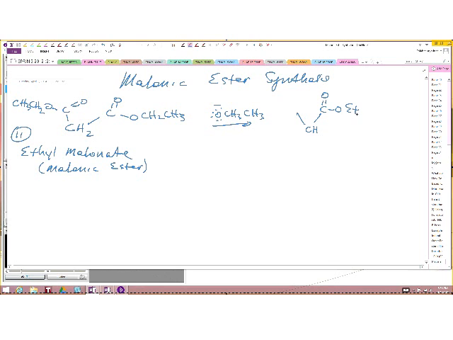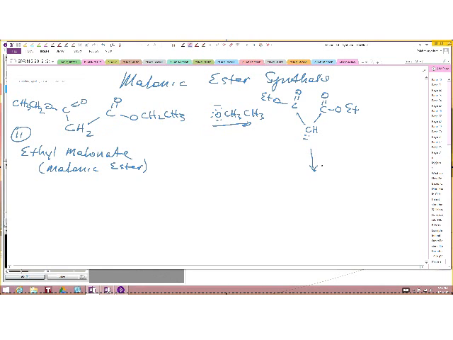So if you see Et, that means ethyl, to make things easy for ourselves. So I get that. So now you form the enolate anion of malonic ester.